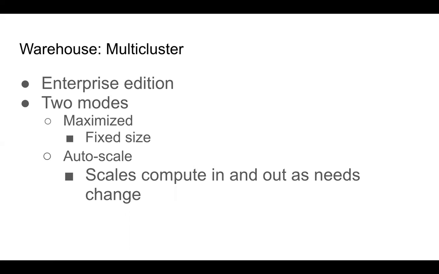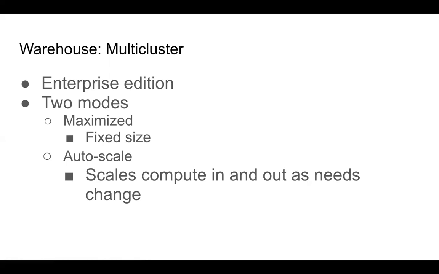And instead of starting a single cluster, it's going to start multiple clusters. You can set the min and max in this case, and the min and max need to be the same value. So if you set them both to 5, what it'll do is instead of starting 1 cluster, it'll start 5 clusters. This will give you more parallelism, more compute, and the ability to process a lot more data.